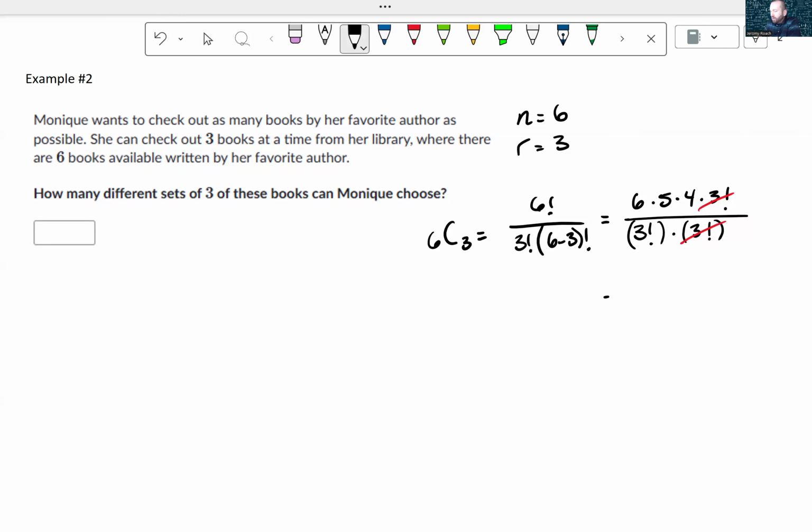Now we're left with, let's see here. Make sure I'm doing this correctly. This is 6 times 5 times 4, that's equal to 120 over 3 factorial, 3 times 2 times 1, which is 120 over 6. And that gives us 20.